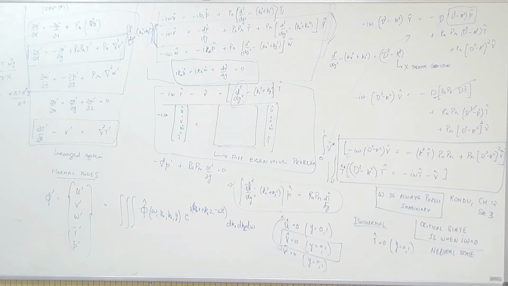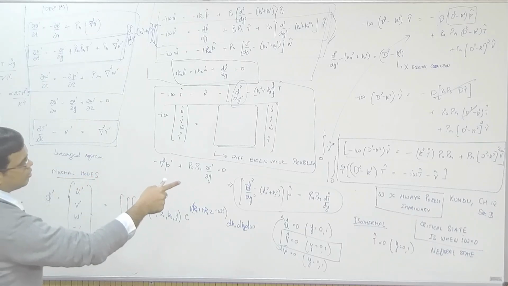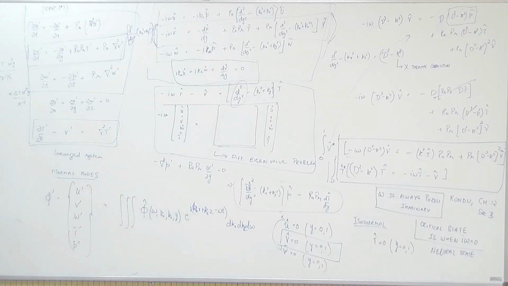So when I omega is 0, the momentum equation basically becomes Prandtl number into d2 minus k square whole square v hat equals Ra into Prandtl number into k square t hat, and the temperature equation becomes d2 minus k square t hat equals minus v hat. Now let us take a d2 minus k square of this.